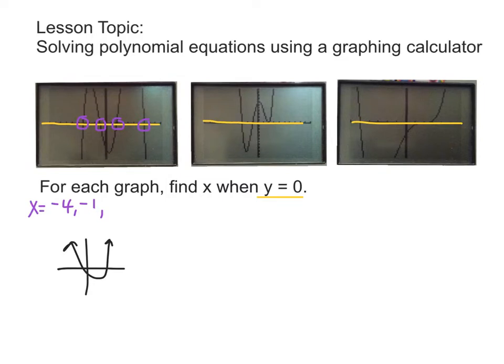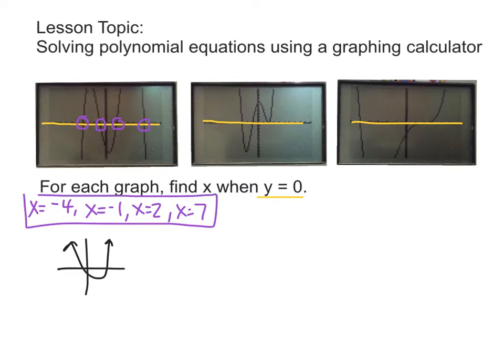Let me do a little erasing here. x equals negative 4, x equals negative 1, x equals, we look right here, about 2, and x equals, let's see, 1, 2, 3, 4, 5, 6, 7, looks like 7. So when y is 0, x is negative 4, negative 1, 2, and 7.